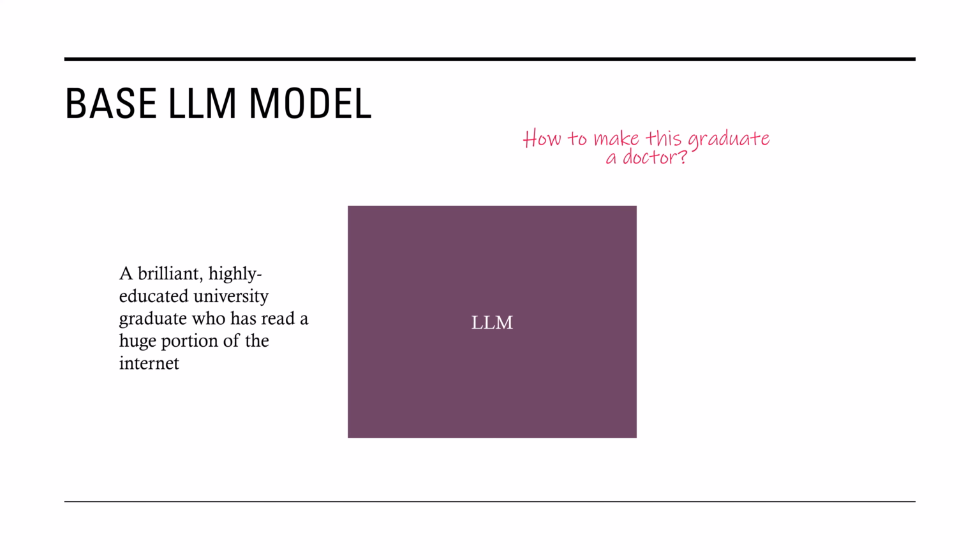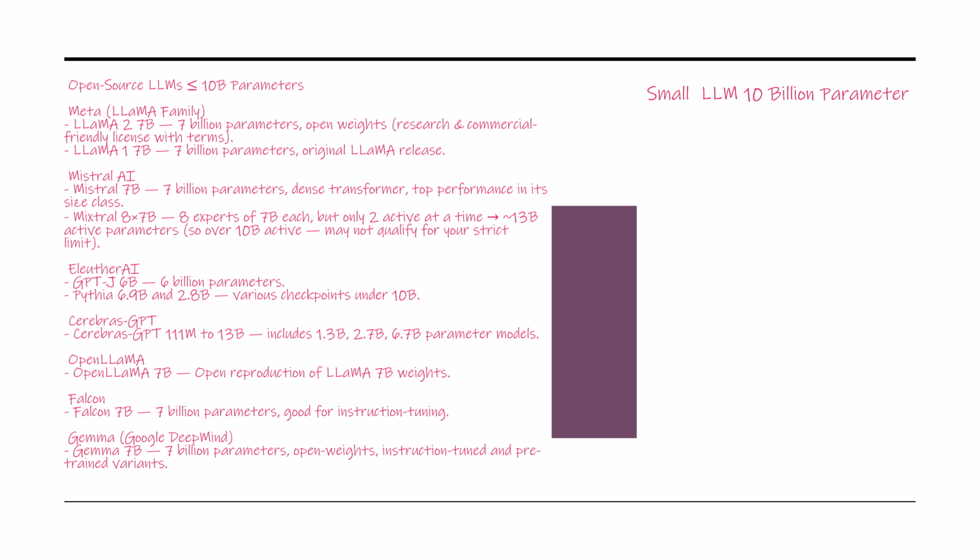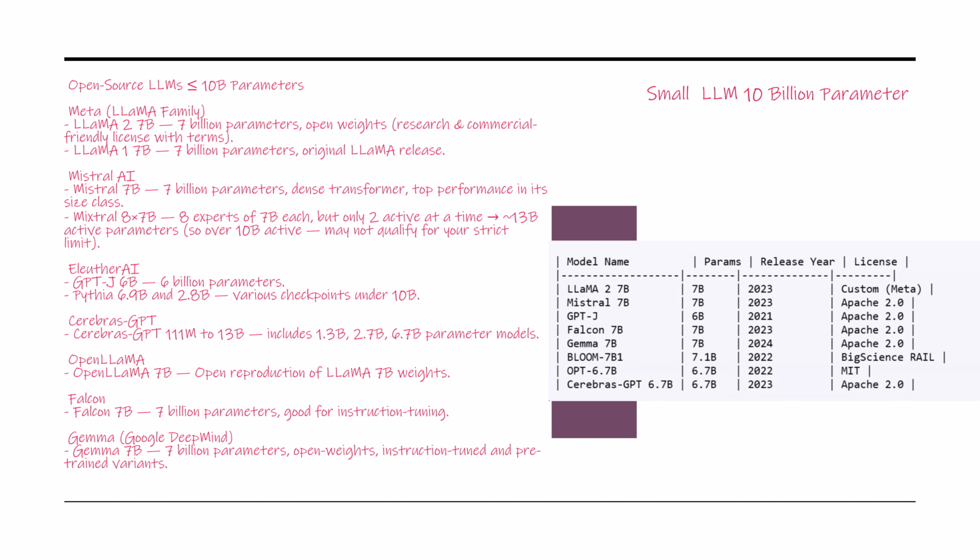Before we move ahead, let me give you an idea about the size of these LLMs. The tiny and small models will have less than 10 billion parameters, and they will be efficient for a very specific task or for edge devices. They can be loaded on a mobile phone.